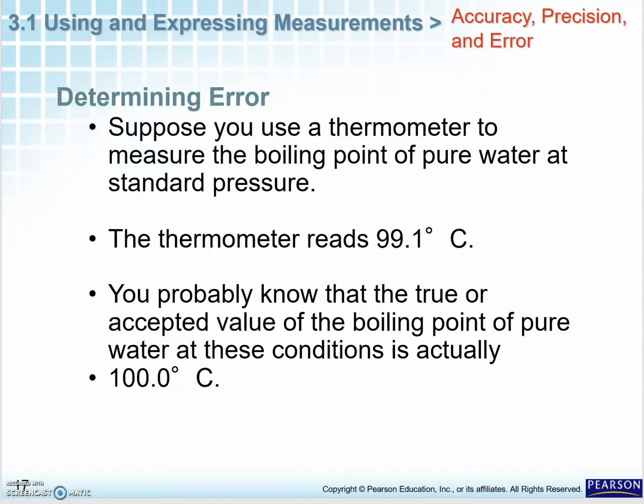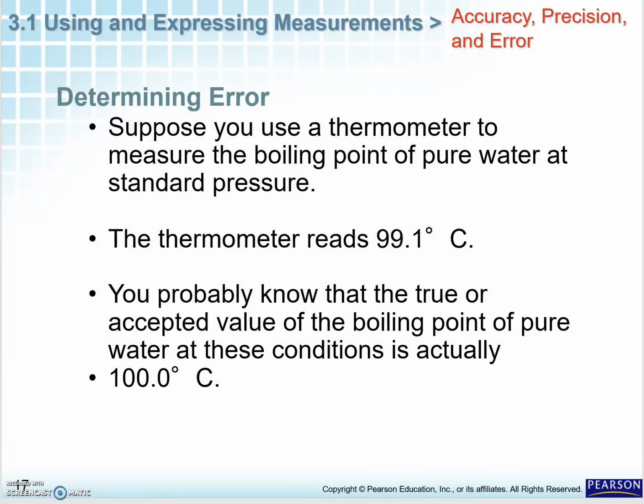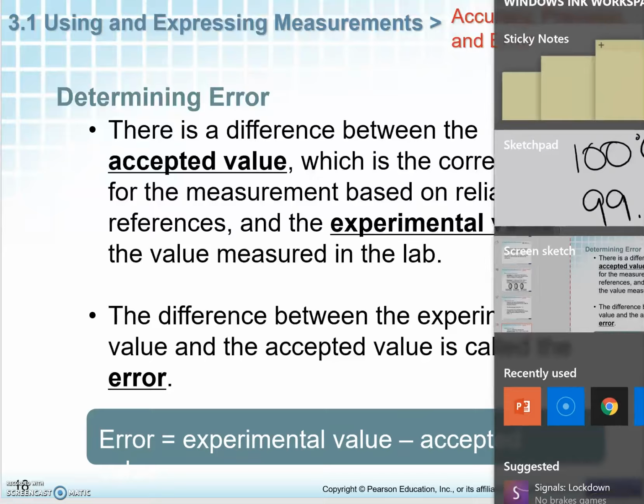Let's determine the error value. So we know that our correct value is 100 degrees Celsius, and that the one that we measured was 99.1 degrees Celsius. So according to our equation, we know that we need to take our experimental value and subtract it from our accepted value.